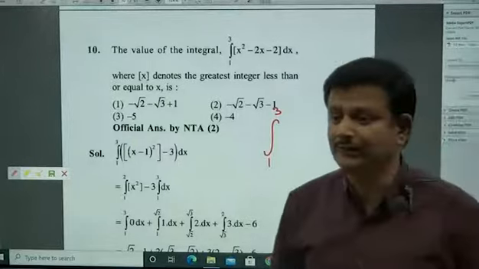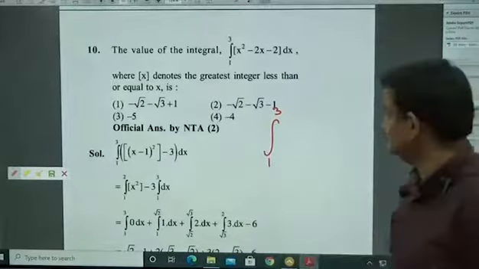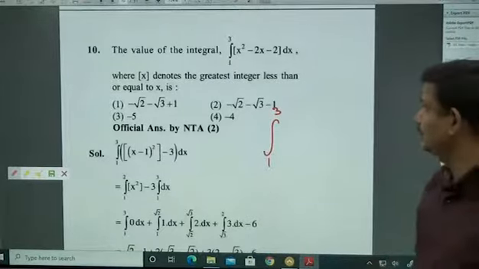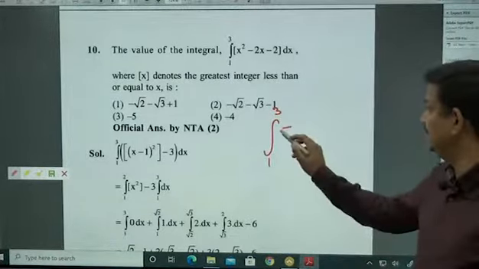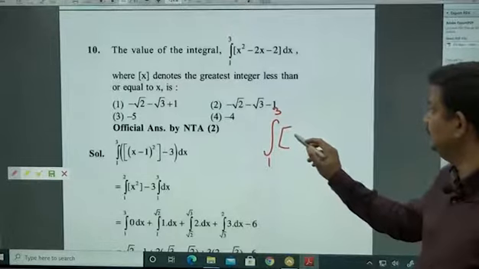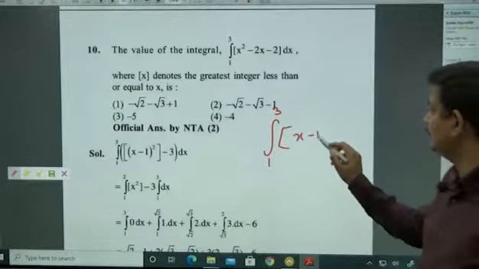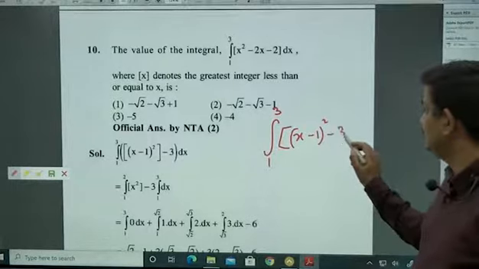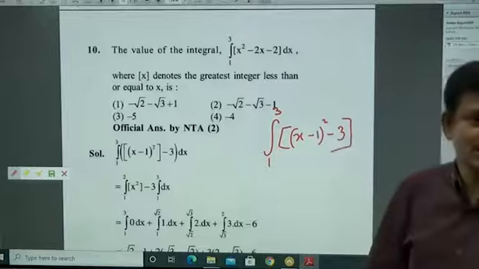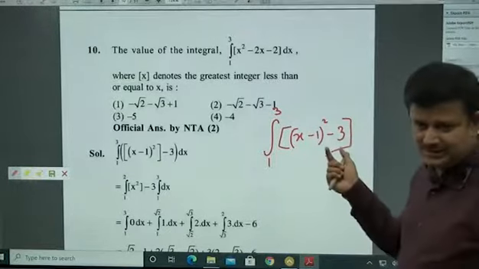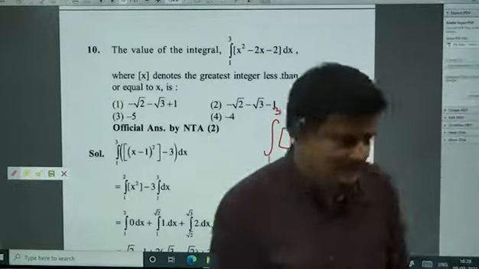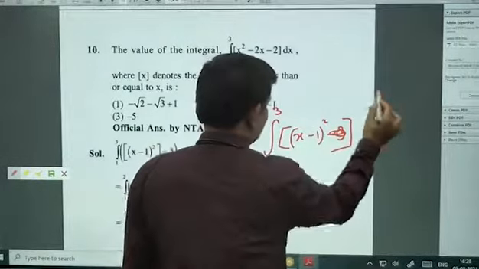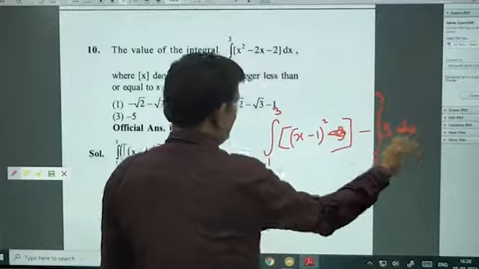How can we simplify it? Directly also you can do, not a big deal. X minus 1 whole square minus 3. Okay. 3 is an integer. An integer you can always take out of the integral part. So this minus 3 part you can write outside and integrate from 1 to 3. That is not a big deal.